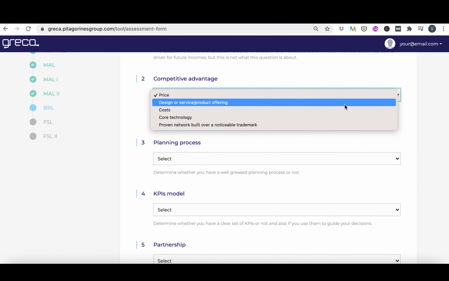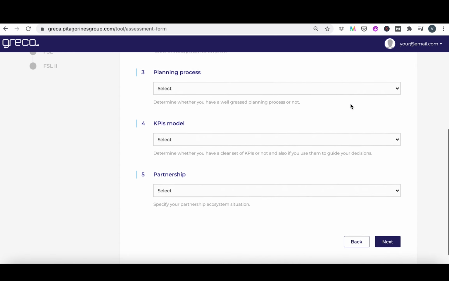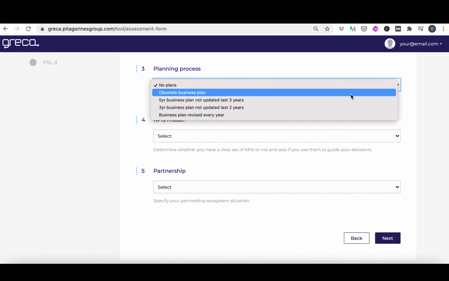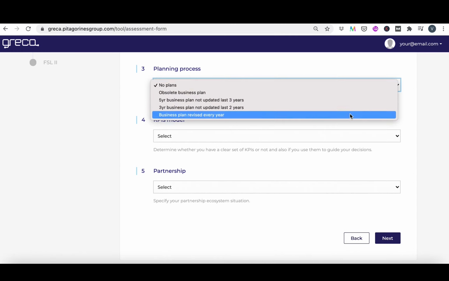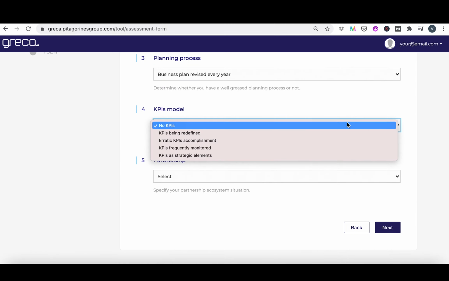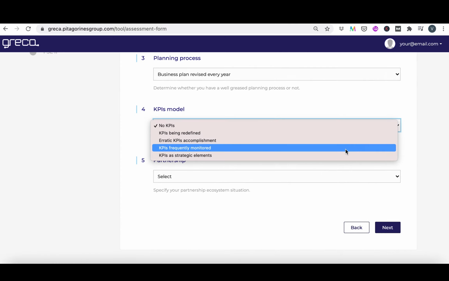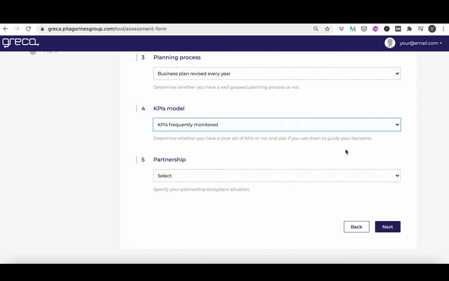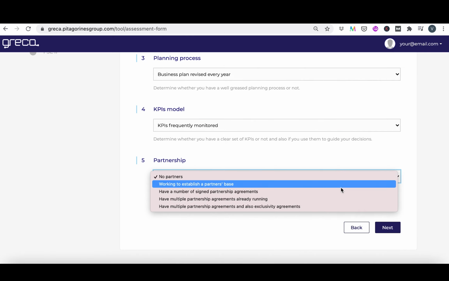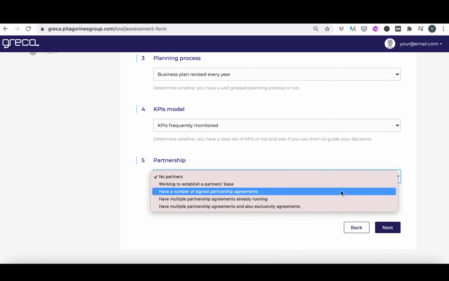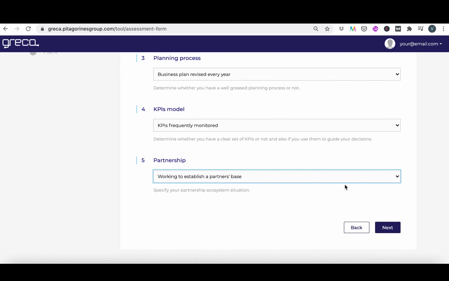In which aspect our competitive advantage over our competitors is focused. If we have a developed and updated business plan. If we have identified key performance indicators and their current relevance in the project. And if we have any kind of partnership agreement or we are working on it.